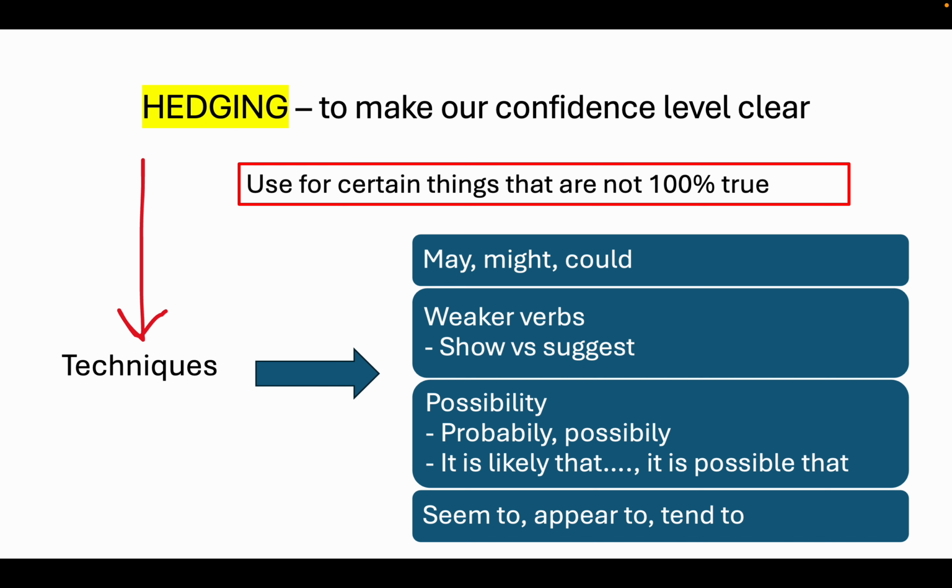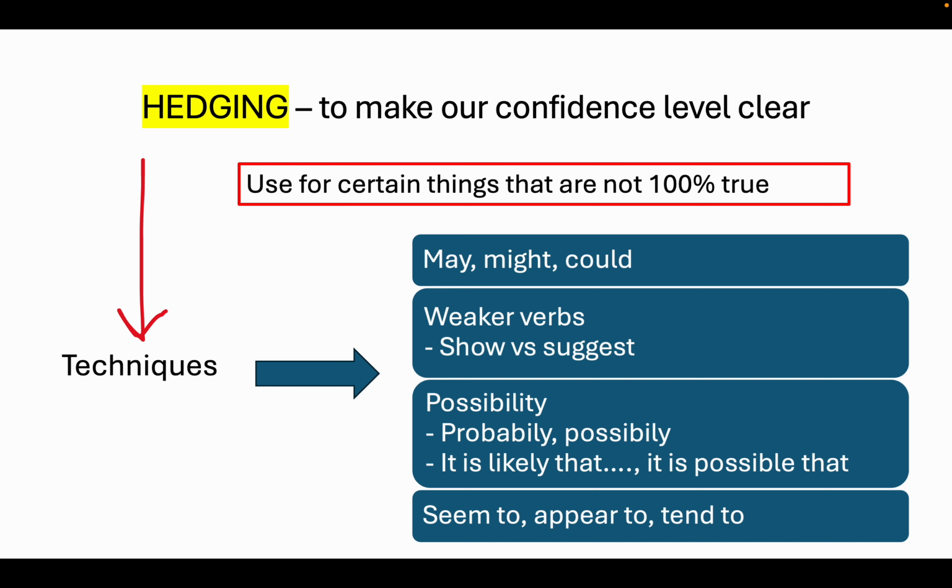And also when you want to explain some possibilities, you can use probability, or it is possible that, it is likely that. Because you want to show the reader that your interpretation is not 100% true, but you cannot use all the hedging all the time.